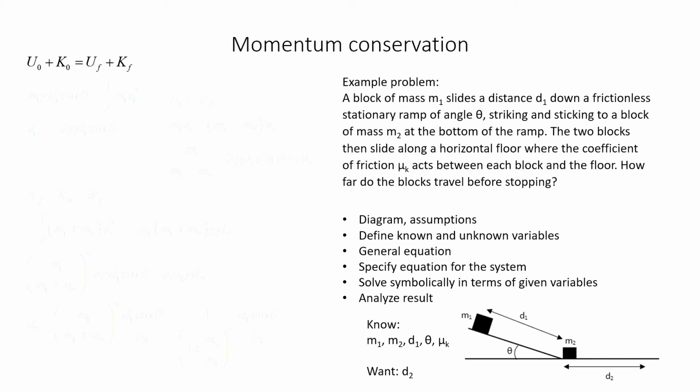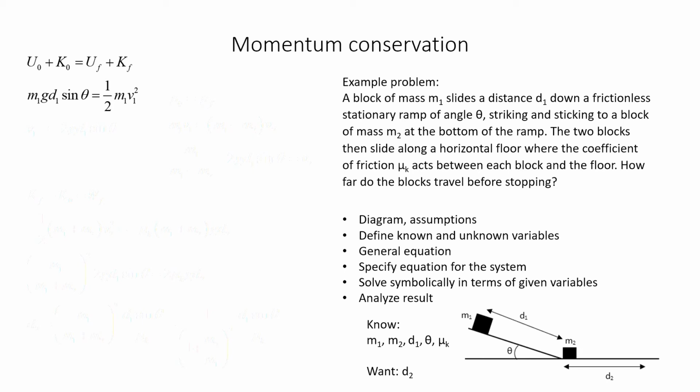So I start with conservation of energy. U0 plus K0 equals U final plus K final. My initial potential energy is m1 g d1 sine theta. d1 sine theta is the height. And my kinetic energy to begin with is 0.